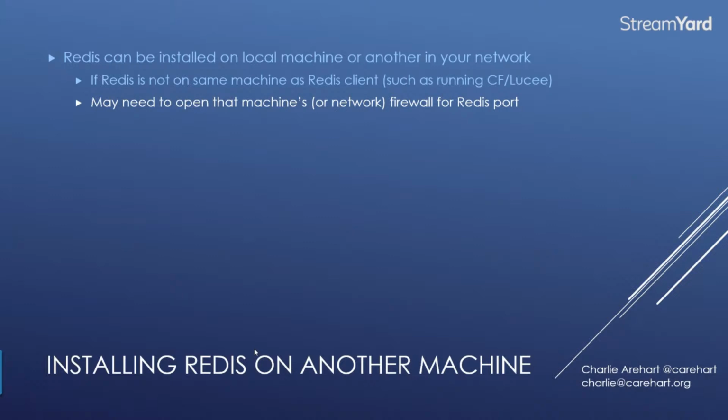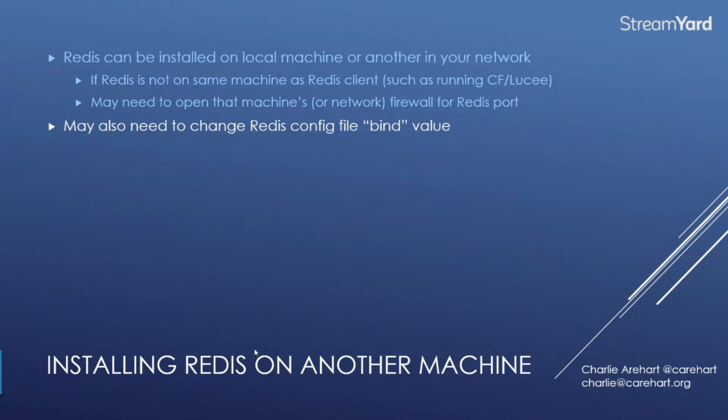If you put Redis on some other machine and you call it from yet a different machine, you'll probably need to open the firewall for that other machine to let somebody, you or anybody else you want, get in on that Redis port. All right, I'll leave it at that. But I also want to point out that in the Redis configuration, and there's a config file, there's a bind value.